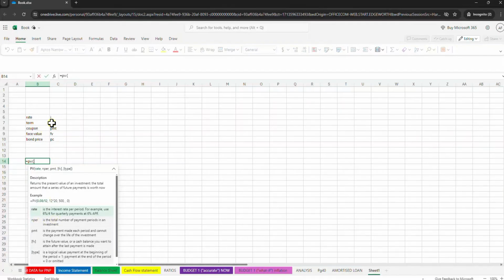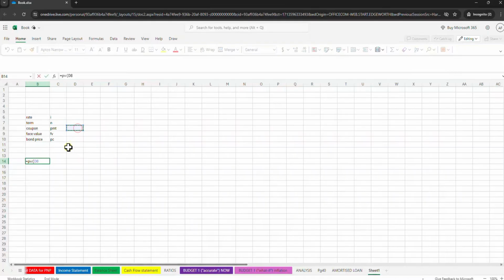The N is the number of periods, or term, that this bond is going to be issued for. The coupon payments are those actual semi-annual or annual interest payments that need to be made, and those coupons are calculated using a coupon rate. This is stuff you need to remember from before. Coupon rate times face value is going to give you the bond payments.